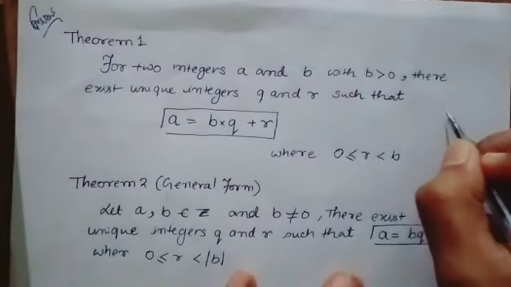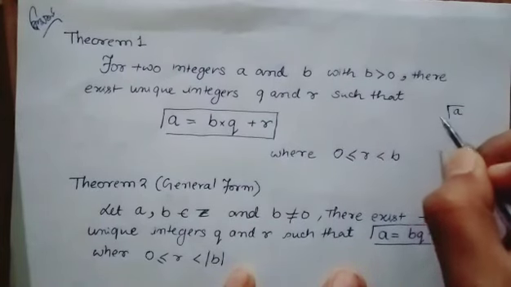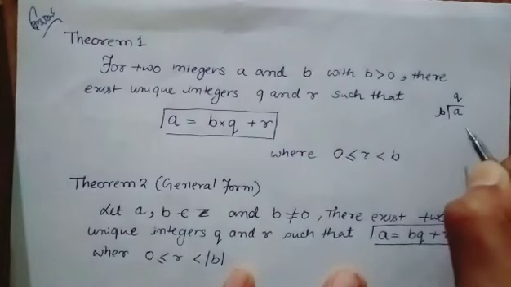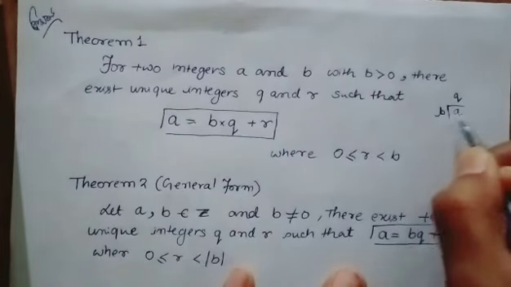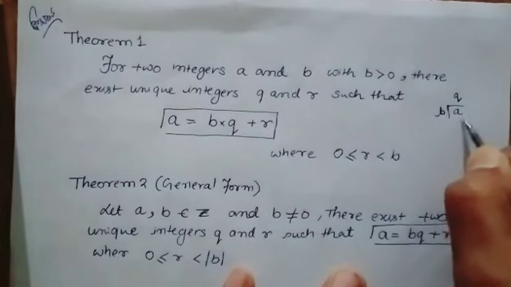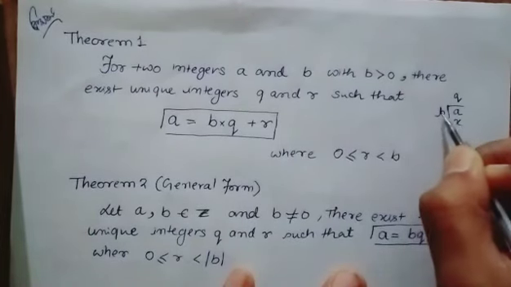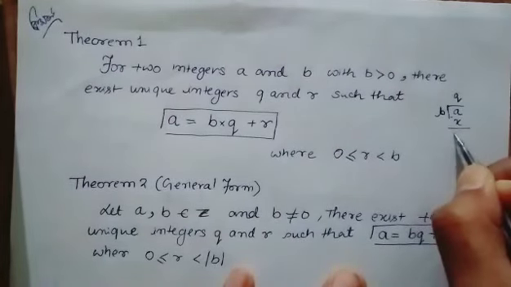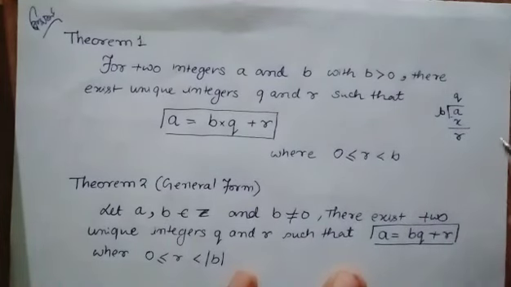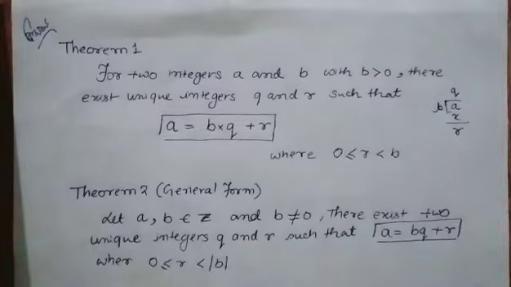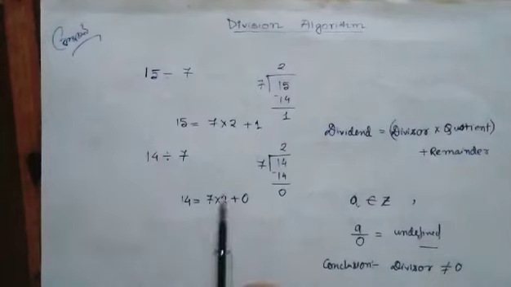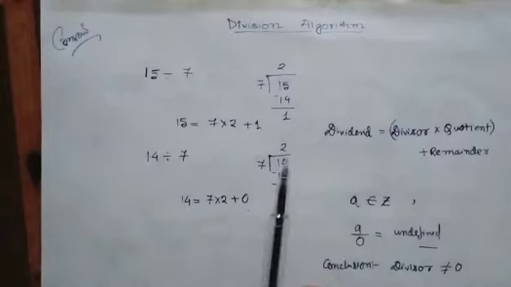We are dividing a by b and getting the quotient q; after calculating b into q and subtracting, we get the integer r. Like in the earlier examples, the remainder can be 0 or an integer.